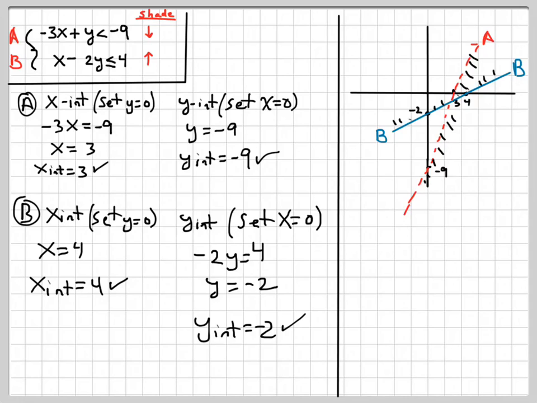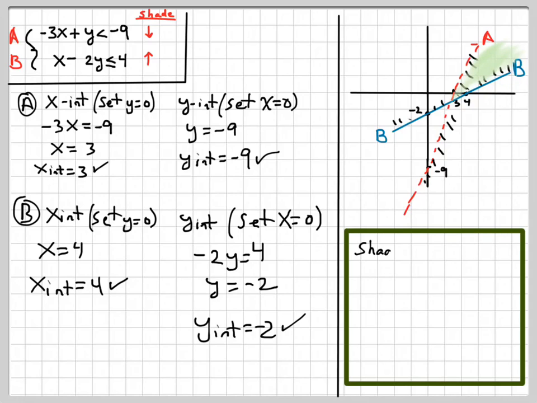So I'm going to go all along line B and make the little arrows pointing up. After I'm done with that, I'll ask myself, in what region do all the little arrows come together? And I see that it's in the upper right-hand side region where the arrows come together. And that is the solution of this inequality.